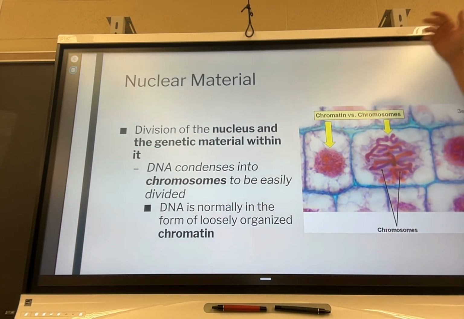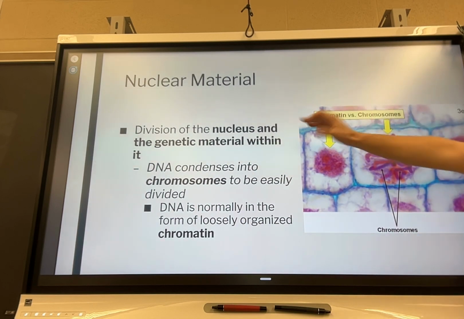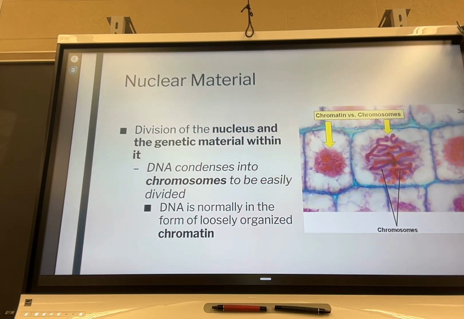The other thing we need to talk about is our nuclear material, so our DNA. So in both phases, whether it be mitosis or meiosis, we are going to have a division of the nucleus and the genetic material within it. So whenever we move into things like mitosis and meiosis, we are going to condense our DNA down into chromosomes. That way it can be easily moved.